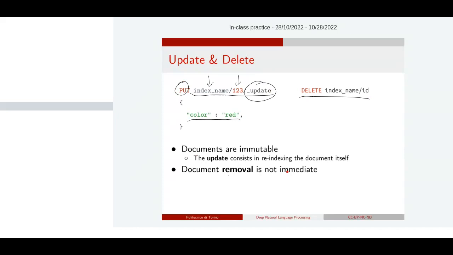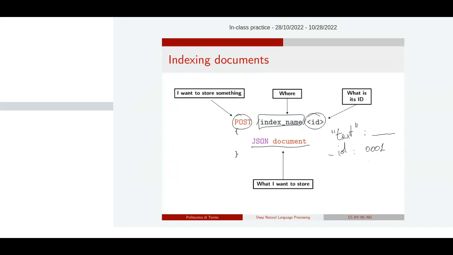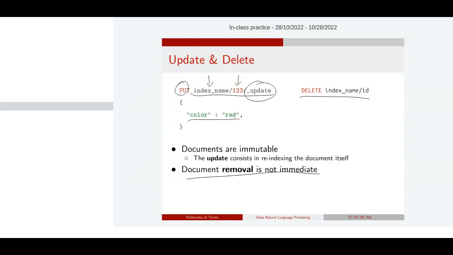And the removal of a document is not immediate. When I run the delete, the document is not searchable anymore, but it's still there, because Elasticsearch is distributed, and it may take some time to delete all the copies of the document distributed on different servers.